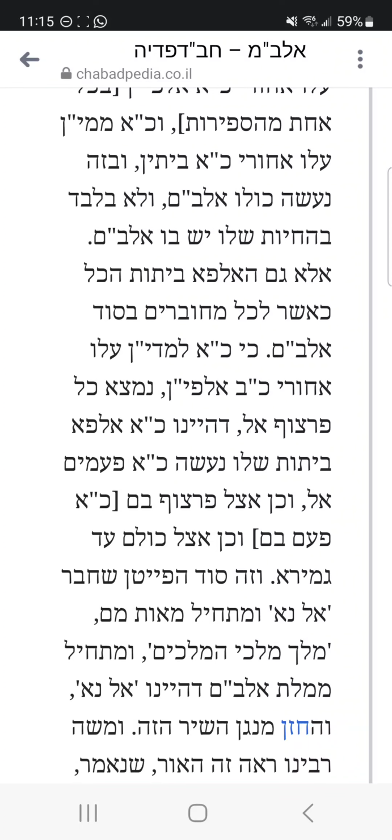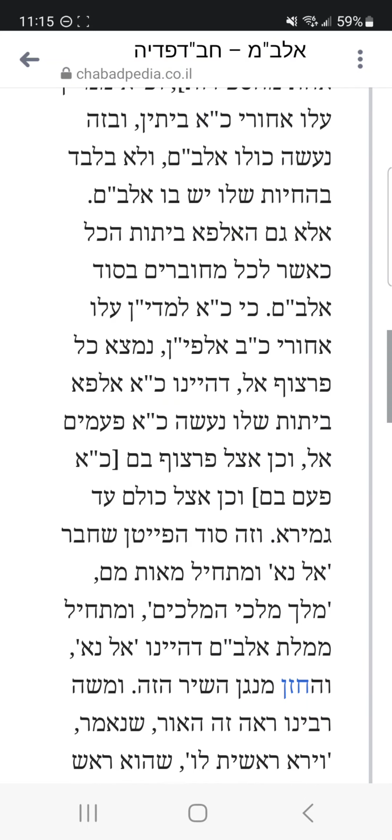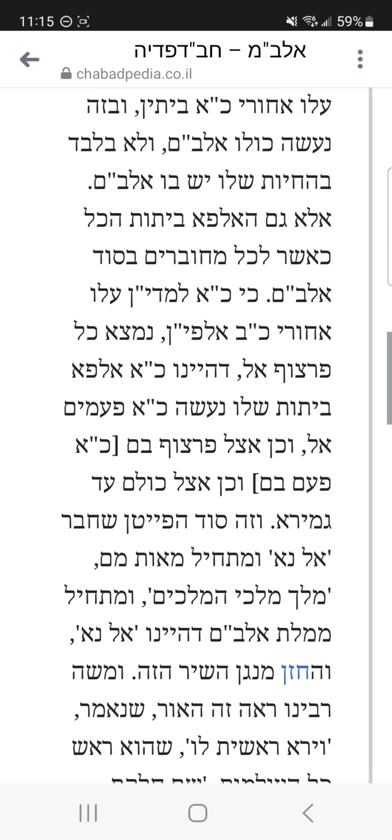And 21 Mems arose behind 21 Beis, and with this they all made, again, Albam: Aleph Lamed Beit with Mem, right?